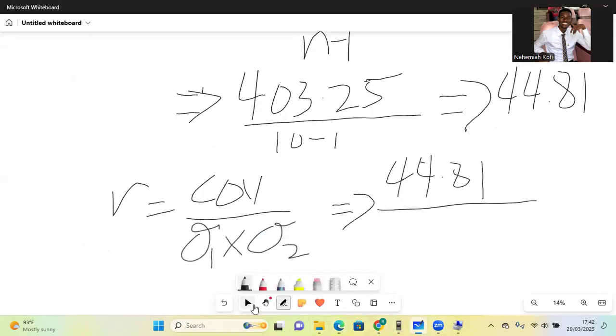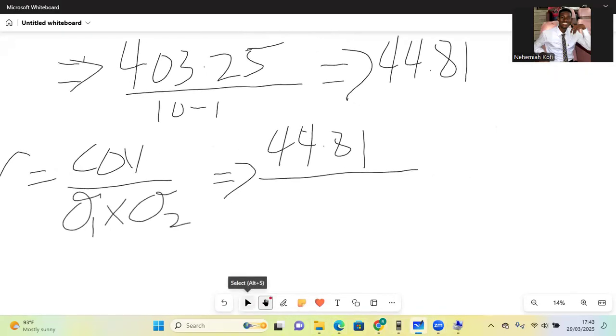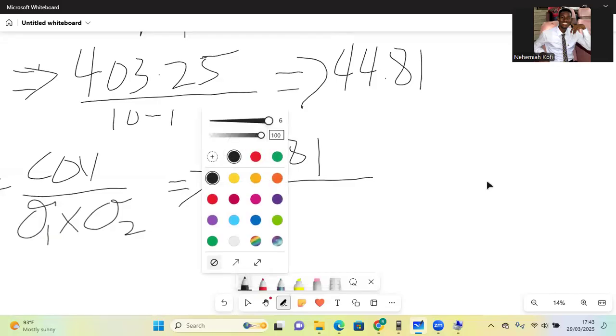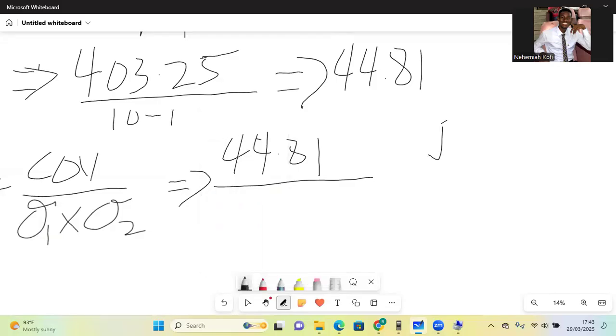So we have to change all of them to standard deviations. Now changing it to standard deviation, we are going to have the first one to be the variance to the power 0.5, because the variances are in square.